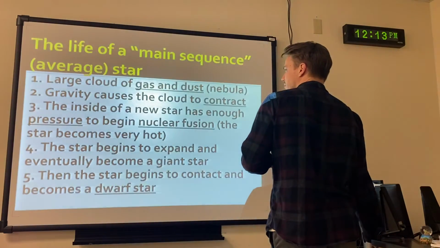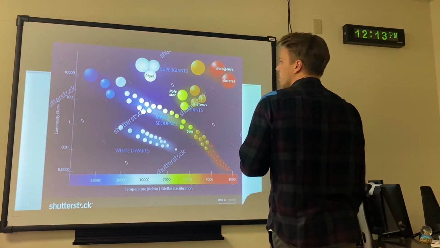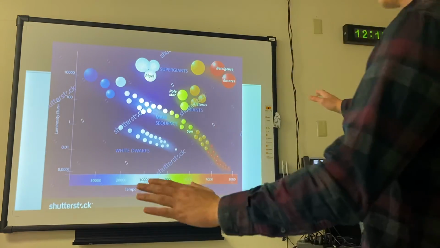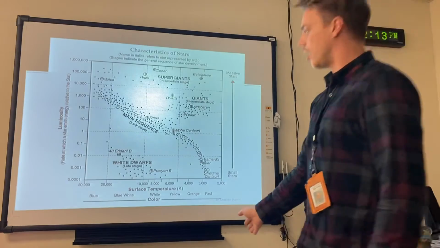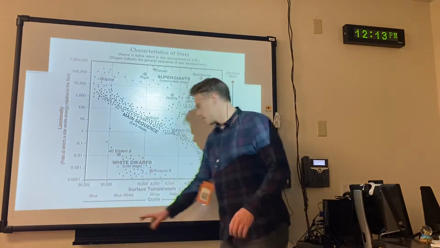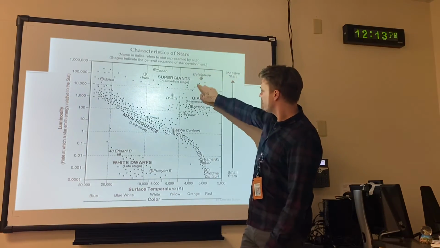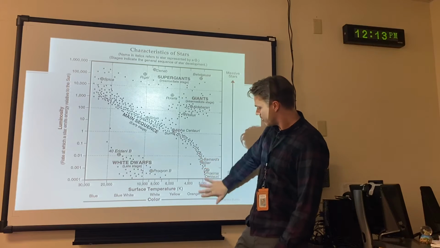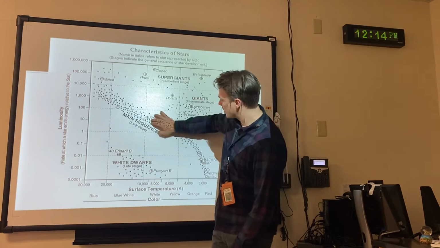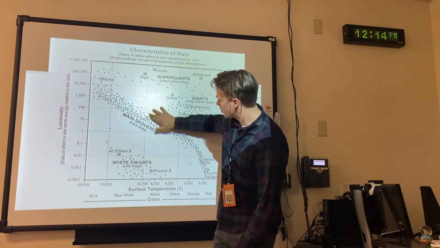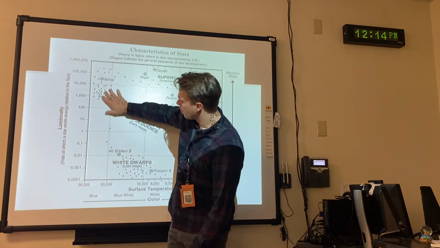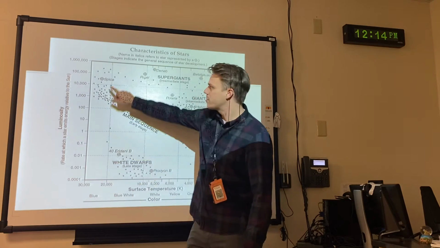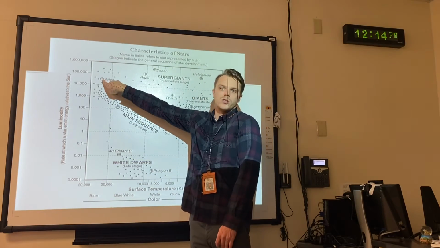All right? So, what we have here is the same thing that we have here. It's just that the colors are written down at the bottom, where all of these dots here are stars that are red on this side. All of these dots in the middle here are stars that are white. And then all these dots here are stars that are blue. This is a specific star called Spica.